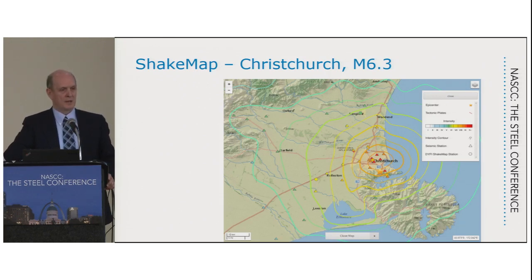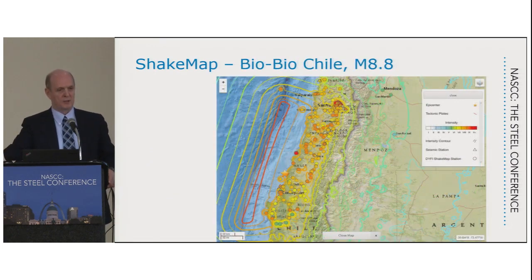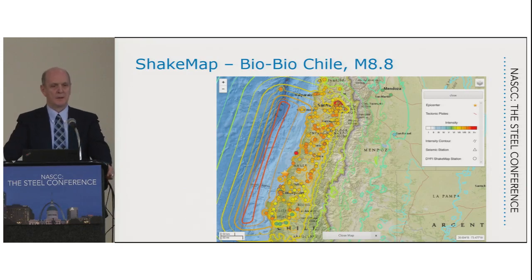One thing I want you to look at on this slide before I show you the next one is the scale in the lower left. You'll see that the top line is a 10-kilometer distance, because that's important as we look at this next shake map. The scale on this map is 50 kilometers.